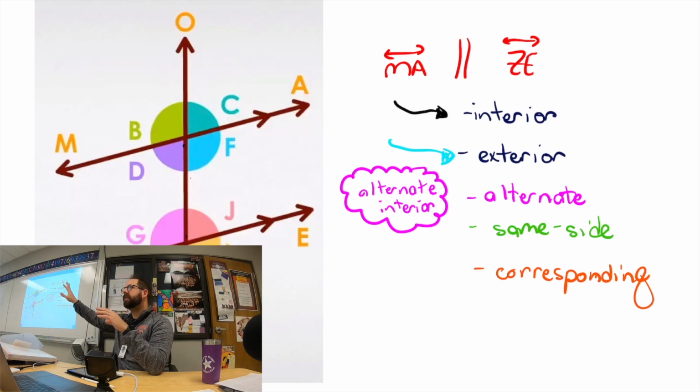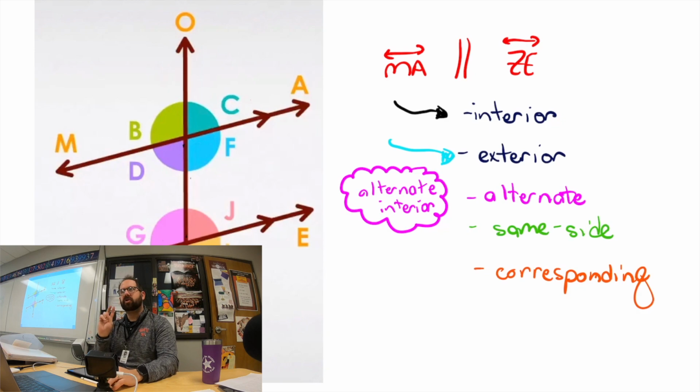One's on one side of the transversal, one's on the other side. So one's on the right versus left side of the transversal. My transversal is going up and down. And they cannot be touching each other. They're non-adjacent. So they're on the inside, one on the right, one on the left of the transversal line going up and down, and they cannot physically touch each other or be side by side adjacent.